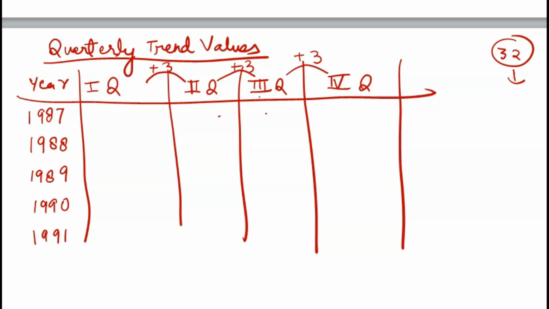If we do 32 minus 1.5, we will get 30.5, and 32 plus 1.5, we will get 33.5. Correct? So these two have a gap of 3. So perfect, here 30.5, here 33.5.